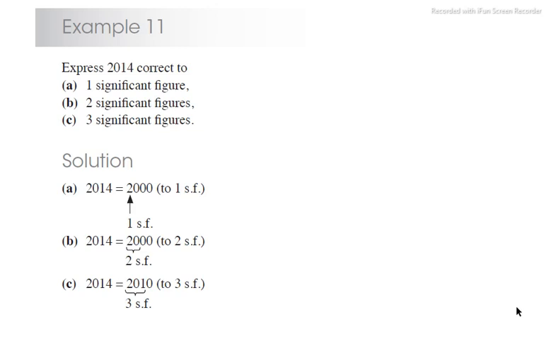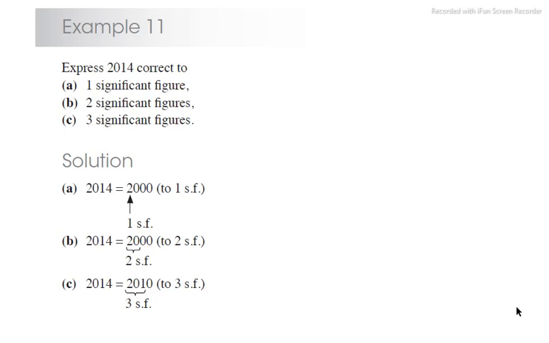In the next example, we are told to express 2014 corrected to one significant figure, two significant figures, and 3 significant figures. When we are expressing 2014 to one significant figure, it means that we are rounding off to the nearest thousands.